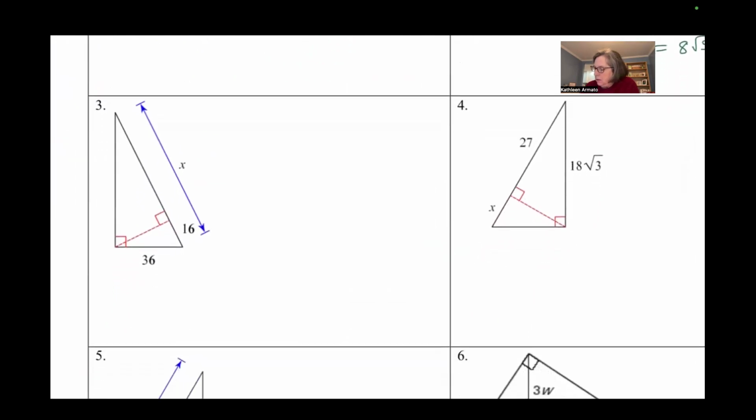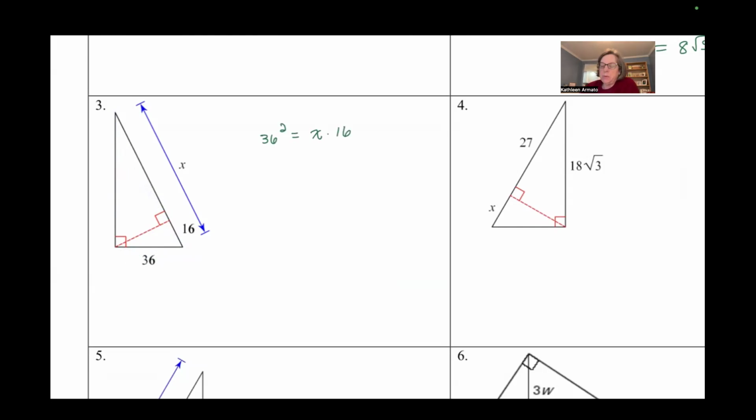All right. Number 3. Again, nothing about the altitude, but something about a leg of the original triangle, 36. So 36 squared is equal to the entire hypotenuse, which is x, times the part of the hypotenuse next to the 36.